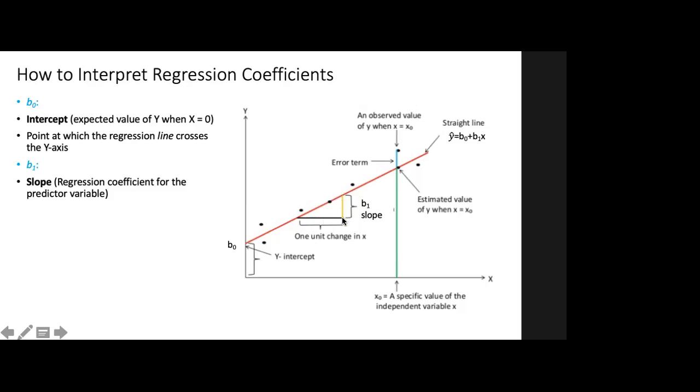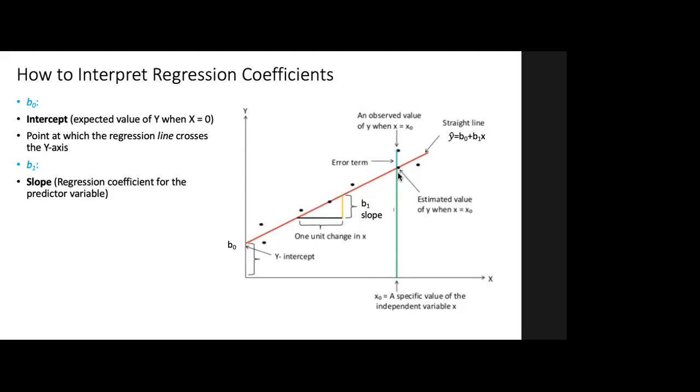And that distance here, the change in y, the change in our outcome variable per one unit change in our predictor variable, that is the slope of our regression line. And that is what we estimate here. That is our second parameter, right? So our regression weight here.